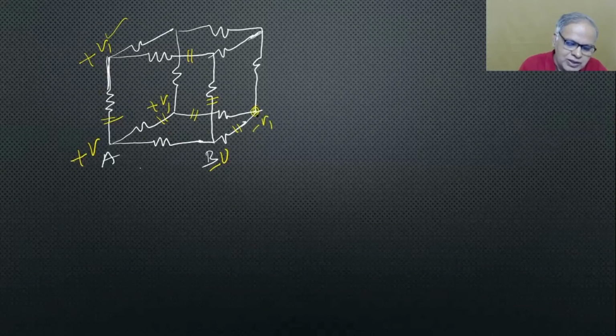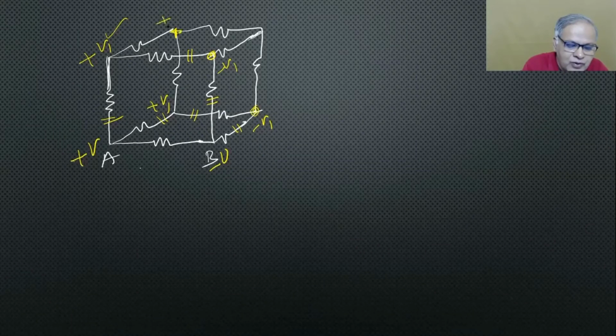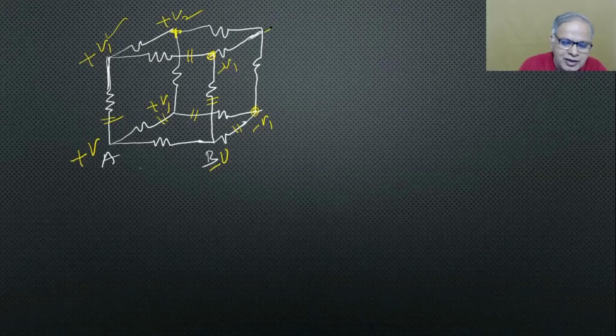And which one is the other one? This one? Yes, sir. That is minus V1. Then what will be this? Some plus V2, we don't know. Here minus V2, and here minus V2.